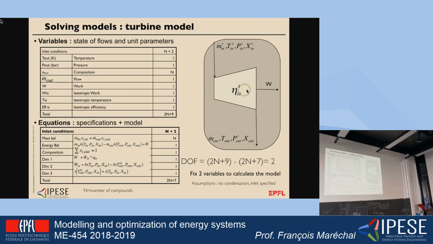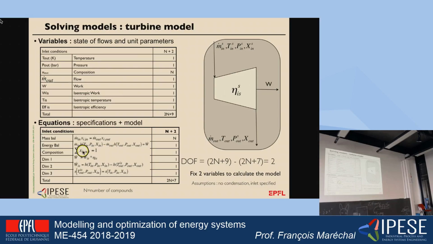So I make the list of all the values that I would like to know here. And then I'm going to make the list of all the equations. So I can write the mass balance here. So the flow that is entering is equal to the flow that is leaving. The energy balance says that the mechanical power produced is the difference of the enthalpy flow at the inlet minus the enthalpy flow at the outlet.